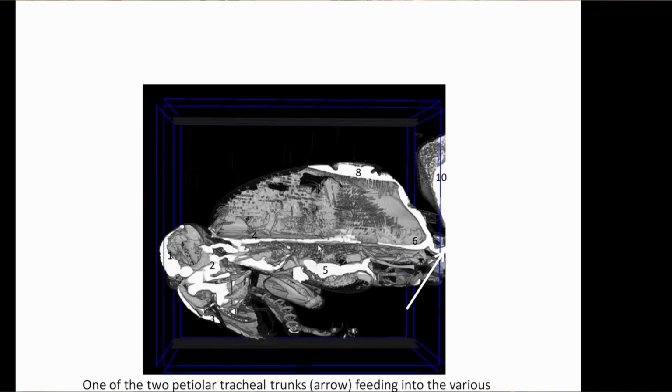This now is the head and thorax, using the same technique with the numbering equivalent to Snodgrass's honeybee nomenclature.